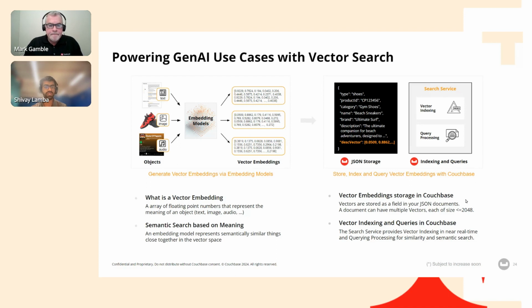And what we're really doing, at the technology level at Couchbase, is that we're able to store these embeddings directly inside of that same JSON storage without having to make any other adjustments.